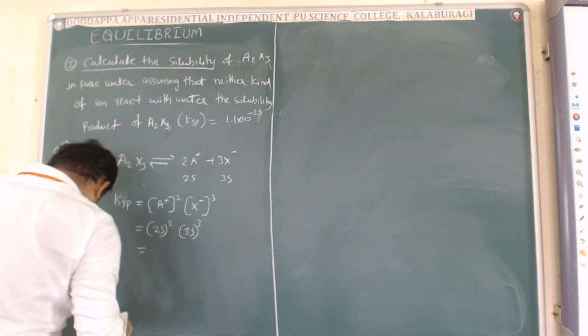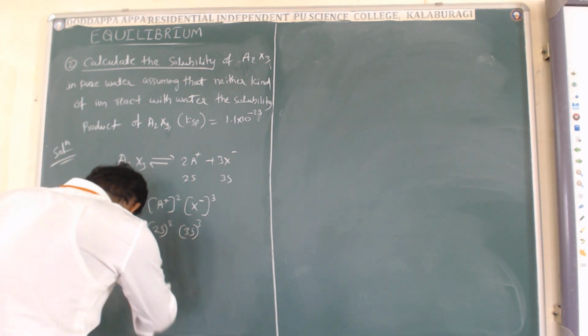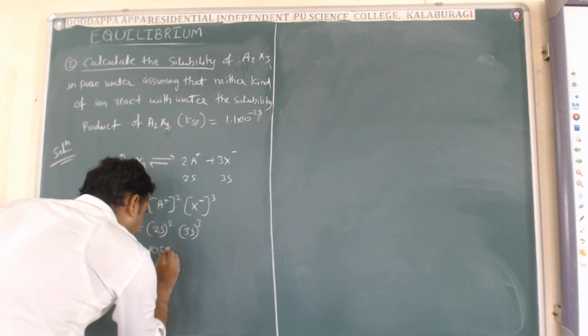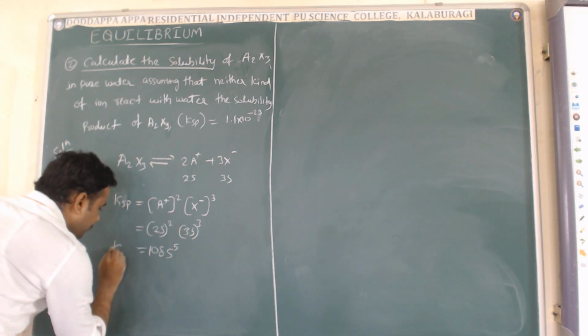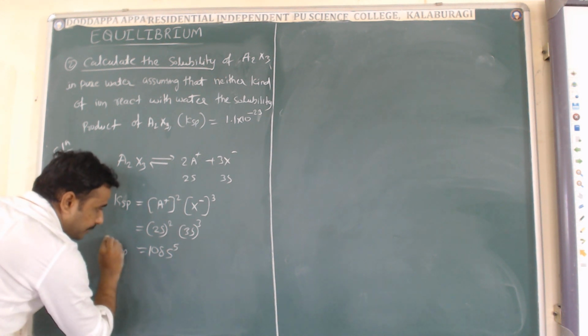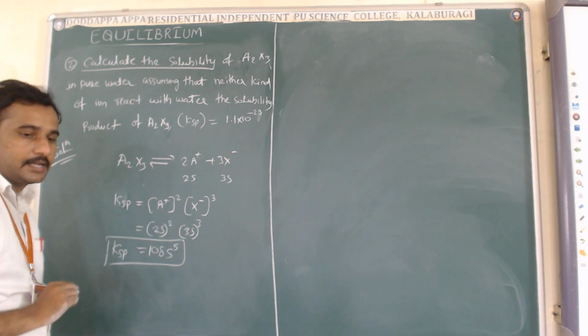We are getting the answer, that is 108 S raised to 5. KSP is equal to 108 S raised to 5.